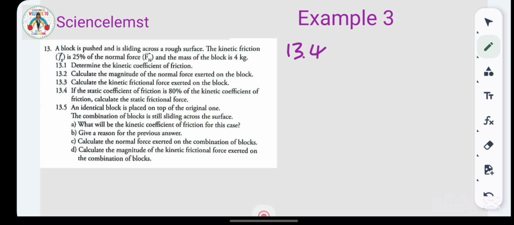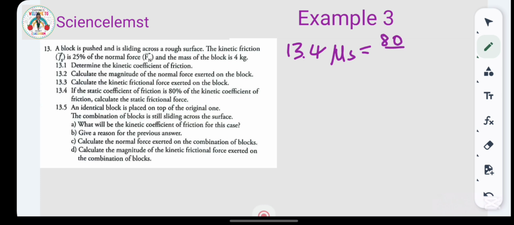13.4. If the static coefficient of friction is 80% of the kinetic coefficient of friction, calculate the static frictional force. So they're saying US is equal to 80% of the kinetic coefficient of friction.